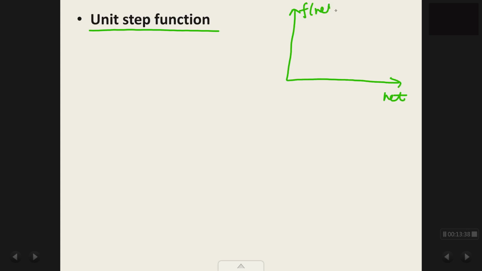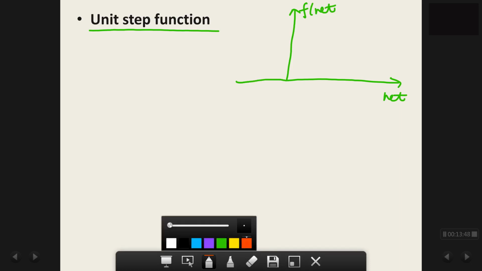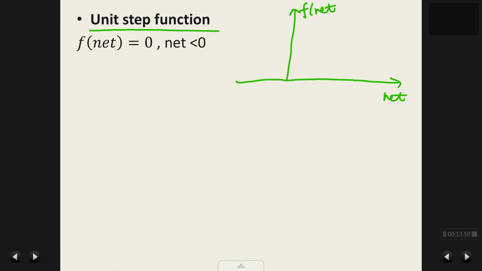You may already have studied in different subjects what a unit step function is. So what happens in a unit step function? The output can be either 0 or 1. So f of net is equal to 0 when net is less than 0. That is, in this particular region it is 0, and f of net is equal to 1 for net greater than or equal to 0.